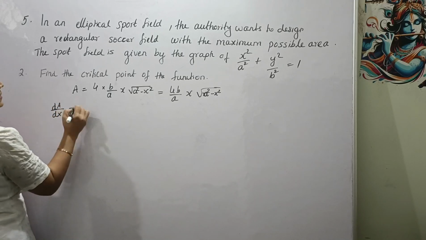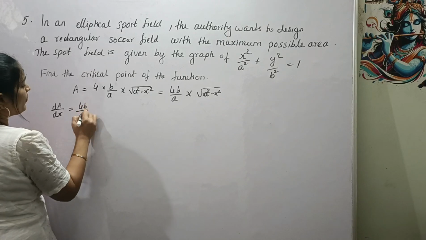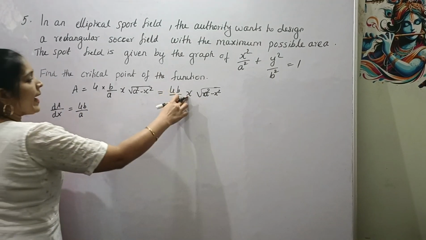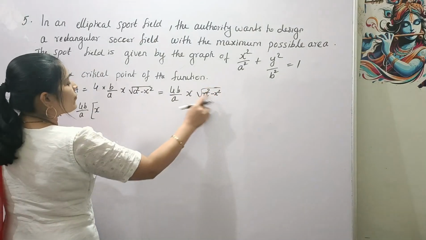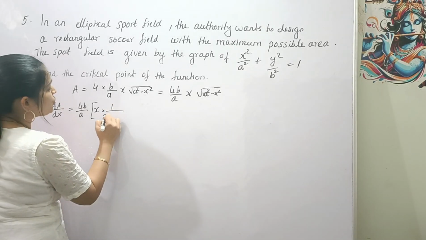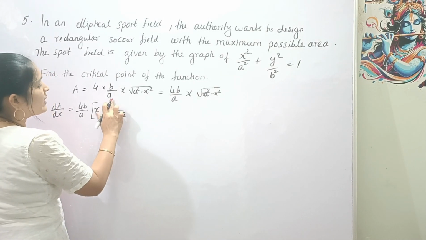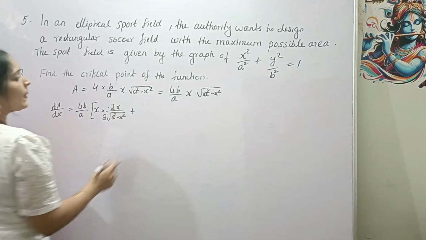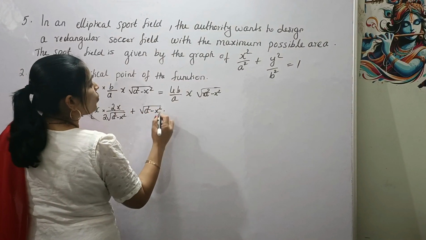dA/dx is equal to 4b/a, which is constant, into two functions are there, so apply the product rule. x into the derivative of √(a² − x²), which is 1/(2√(a² − x²)) into −2x, right? Plus √(a² − x²) into 1.